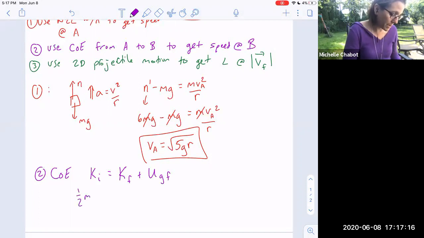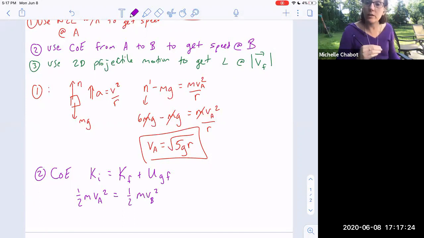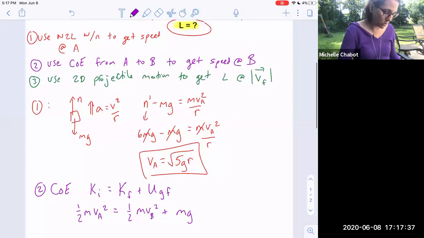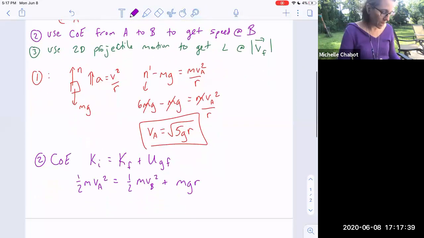I have 1/2 m VA squared, that's the speed I just found, equal to 1/2 m VB squared, that's the speed I'm trying to solve for, plus mg and then the height here. You can see that the actual height change between A and B is r. So mgr.